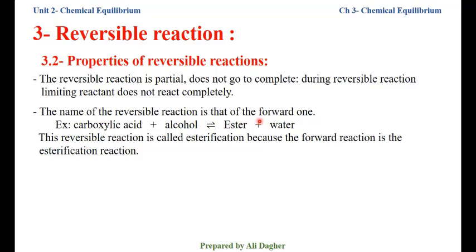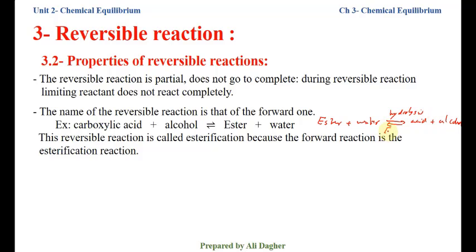If we write the equation inversely, if we write ester plus water give carboxylic acid plus alcohol, this also is a reversible reaction formed of two reactions. The forward is hydrolysis.